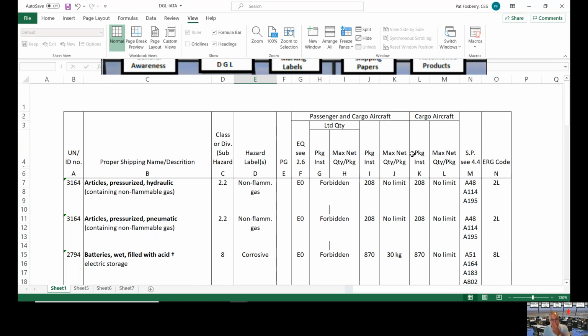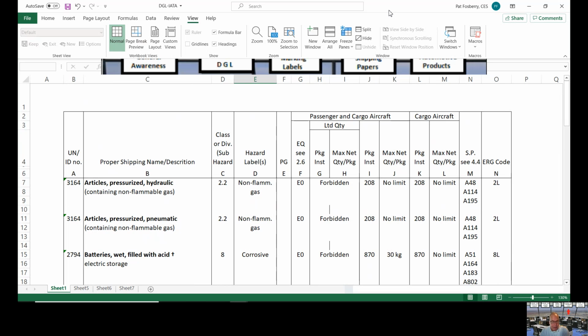on column C, kind of slip over a little bit over there, we've gone over these before. I think you know those. The ones that cover goods that are yours are class 2.2, as we see like the articles pressurized hydraulic on the first item. They're non-flammable gases.